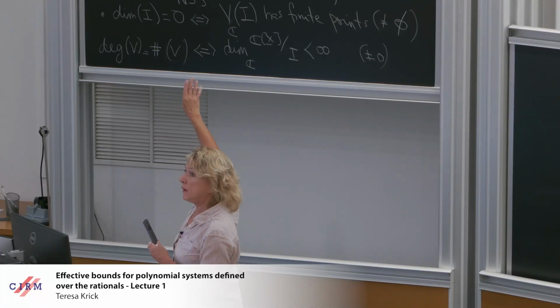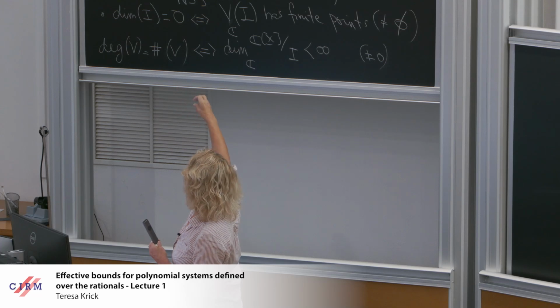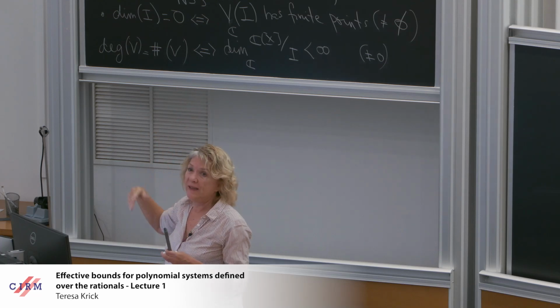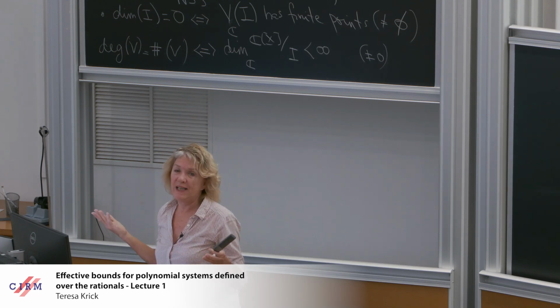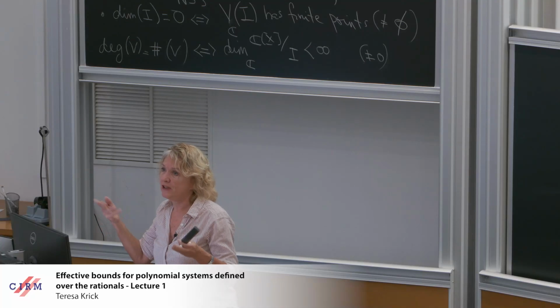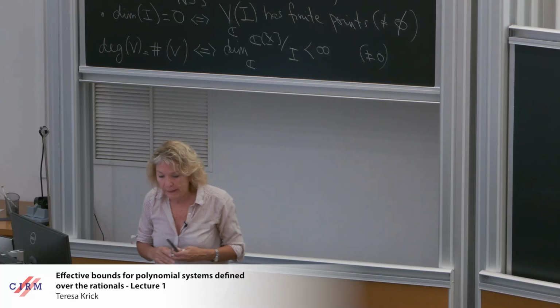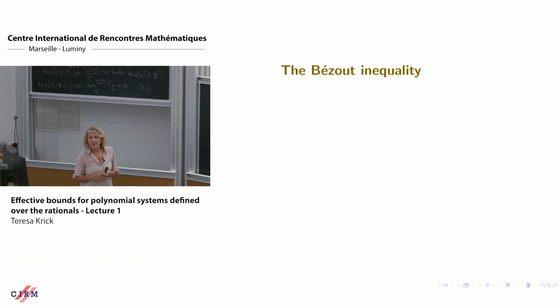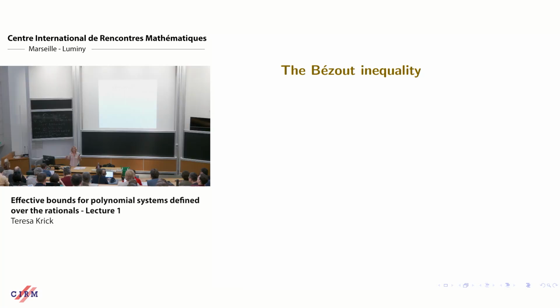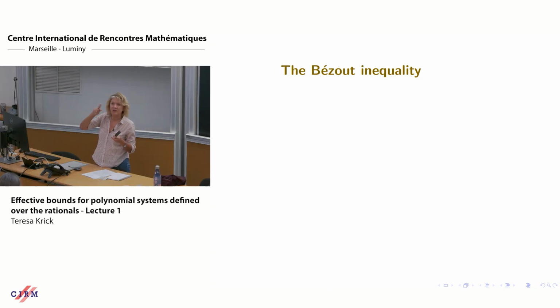And all this material can be found in this nice book by Cox, Little, O'Shea in the first chapters. You have all of this there. So for the Bézout bound, one says, okay, if you have two polynomials in two variables, generically they have exactly the product of the degrees as the number of roots.